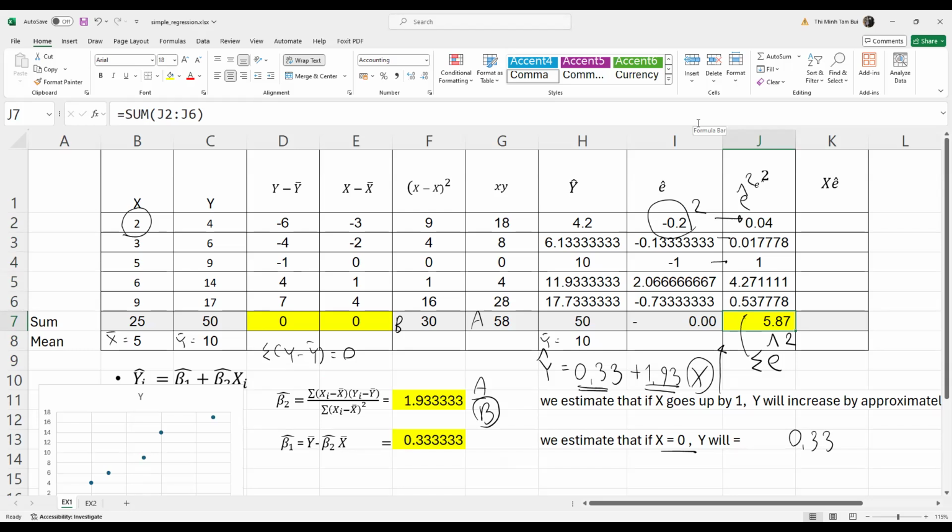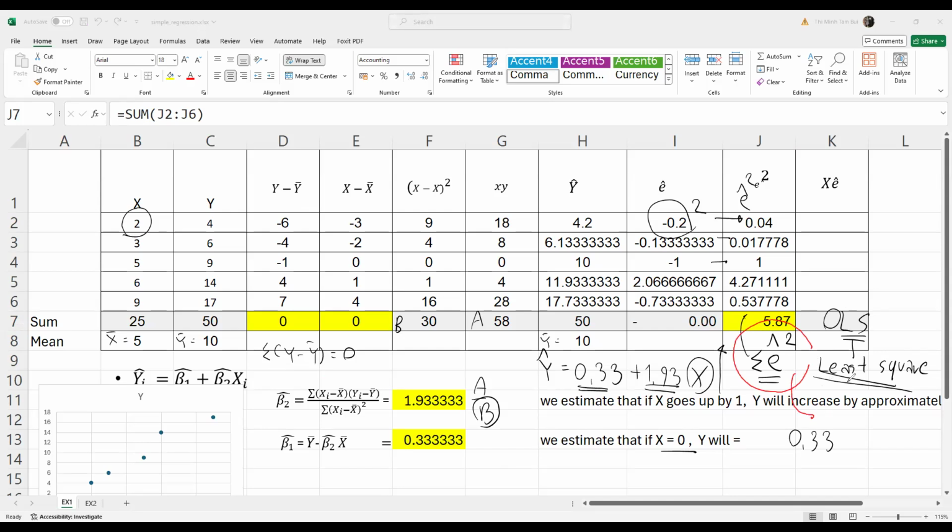Previously we called this OLS, right? OLS means least squares. What is least squares? They claim that their method gives the minimum of this value.